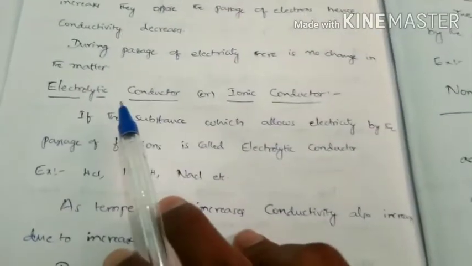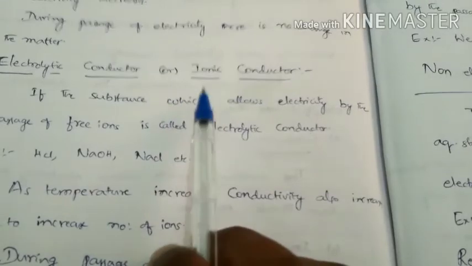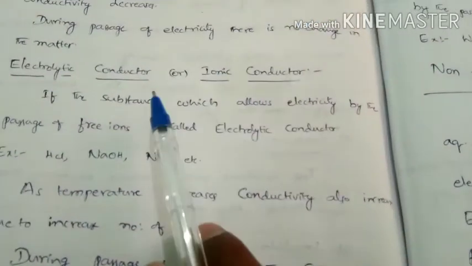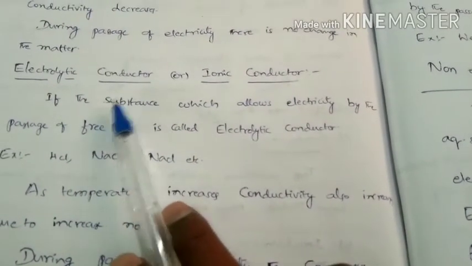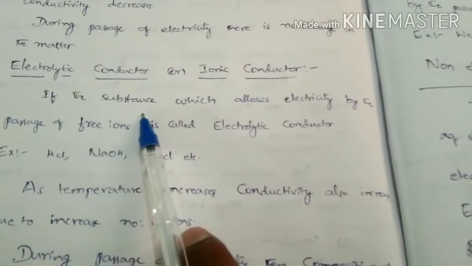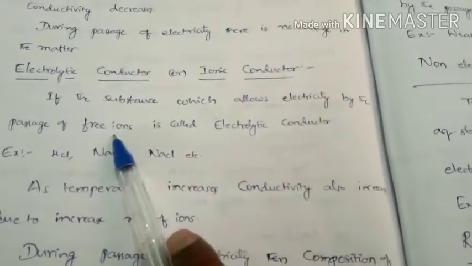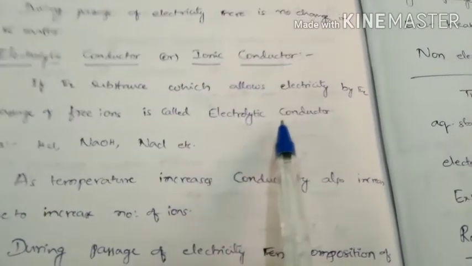Second one is electrolytic conductor or ionic conductor. In the previous case, electronic conductors are metallic conductors. This is electrolytic conductor. Here the definition is, the substance which allows electricity by the passage of free ions is called electrolytic conductor.